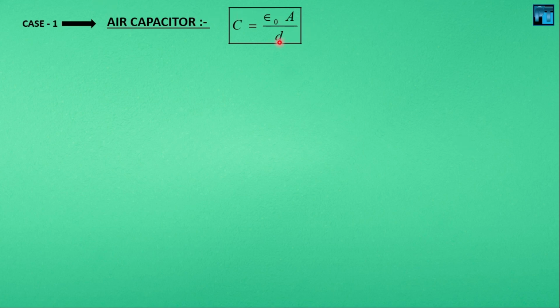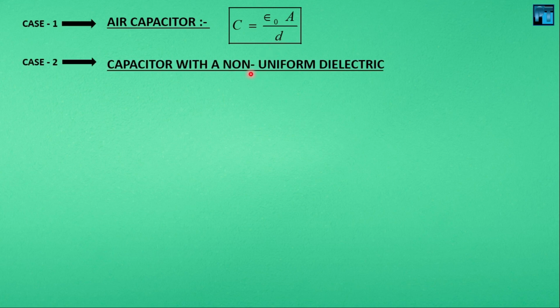Okay, now what is our case 2? This is very important: a capacitor with a non-uniform dielectric. What is a non-uniform dielectric and what is a uniform dielectric? Our first case was uniform because K, the dielectric constant, was independent of the distance between the plates, that is x. But now it is non-uniform.